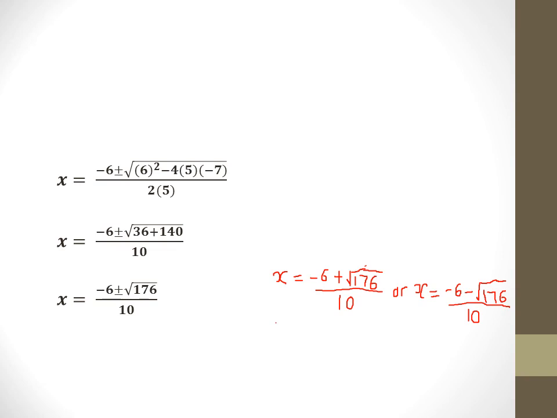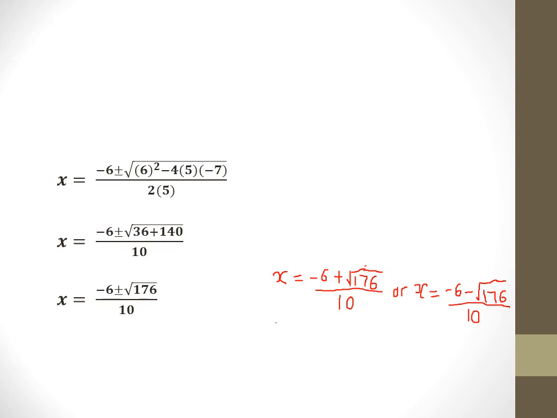So 6 to the power 2, that is 6 multiplying 6, will give us 36. And negative 4 times 5 will give us negative 20. And negative 20 times negative 7 will give us positive 140, as you see it there.